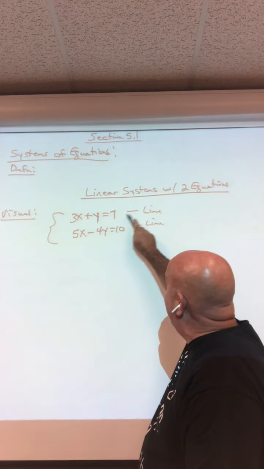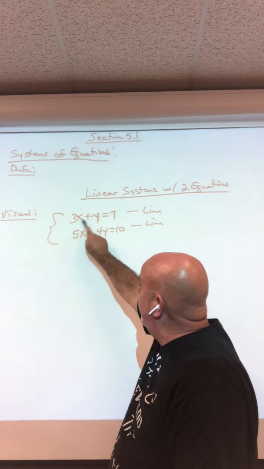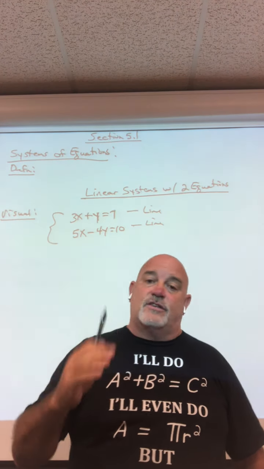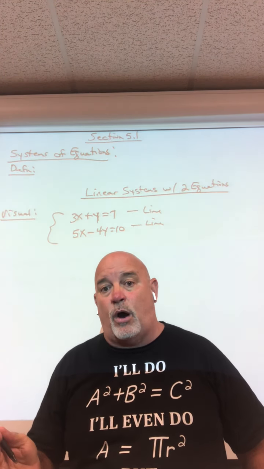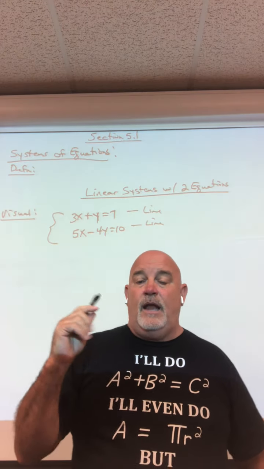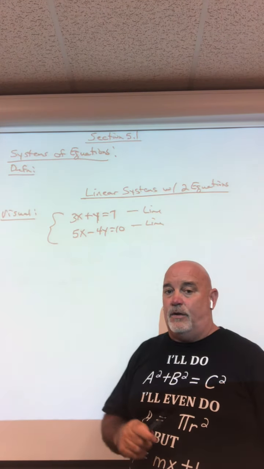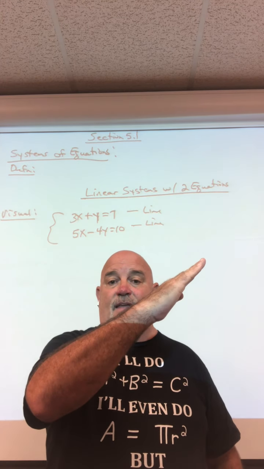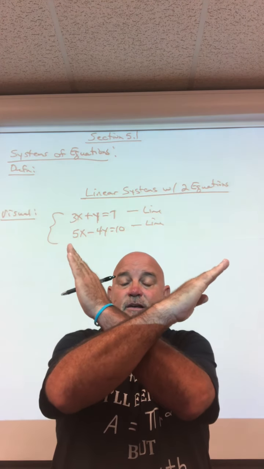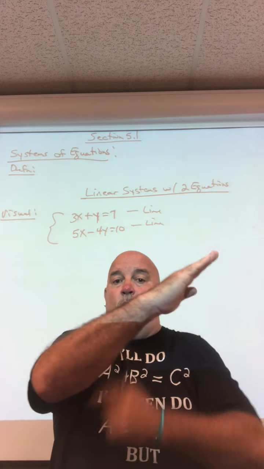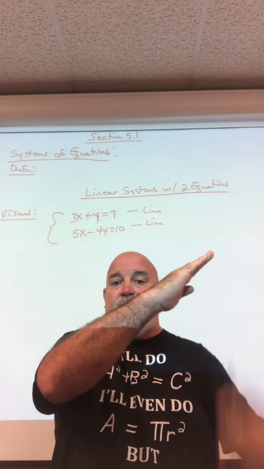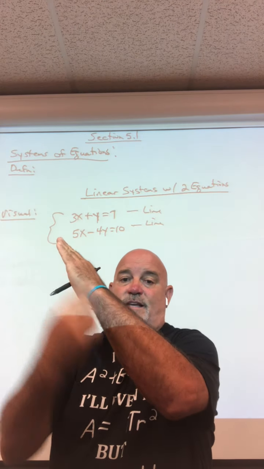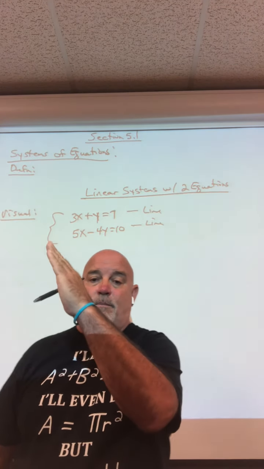So if I have this line right here, every point on that line is the answer. So when you graph, you are solving. Now, how many lines do we have up here? You don't have one, you have two. So let's suppose I had a line that looked like this, and a line that looked like this. All of the points on this line are an answer to this problem. All the points on this line are the answer to this problem.